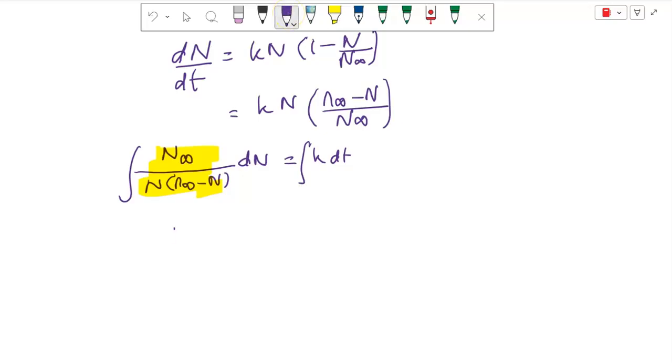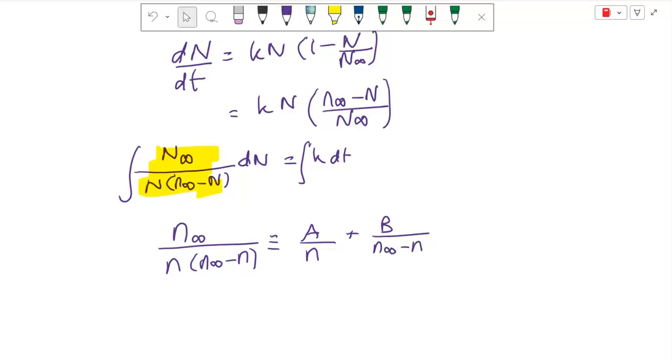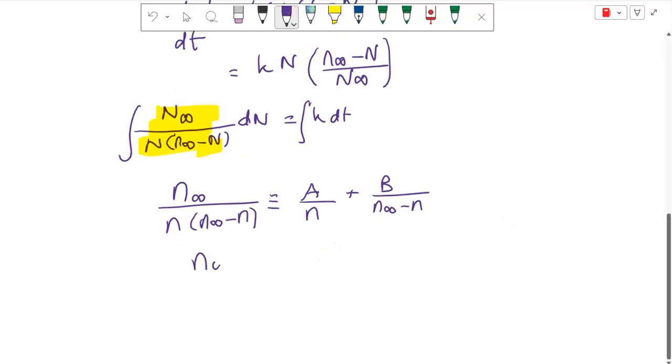So we're just going to fix that up and write it as the difference of two fractions. So we've got this. It's going to be big A over N plus big B over N infinity minus N. Now cross multiplying and working with the denominator gives me this.